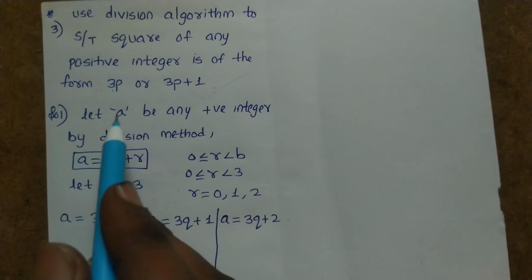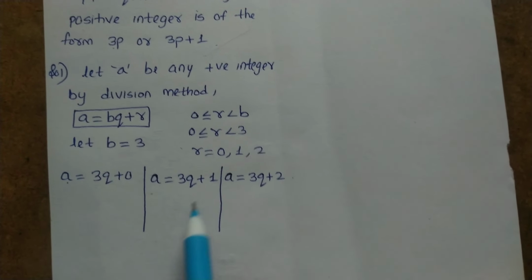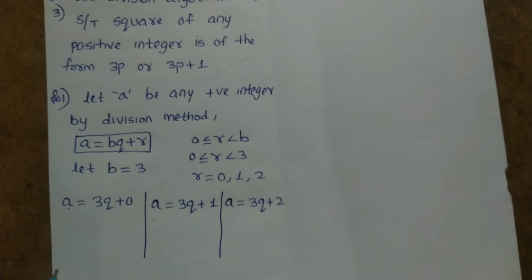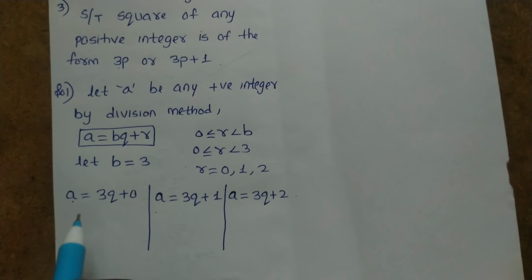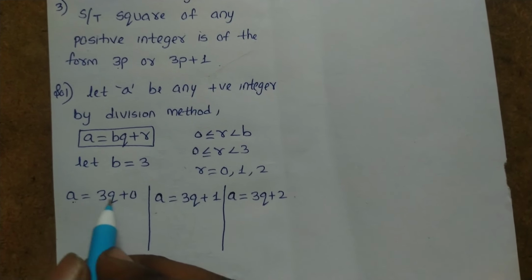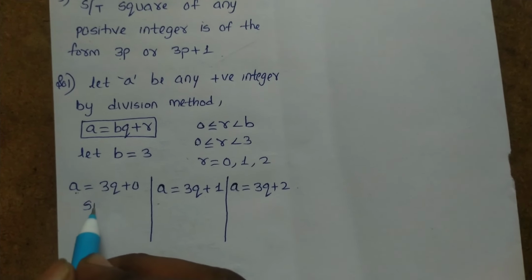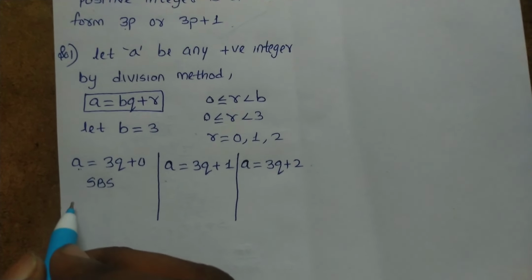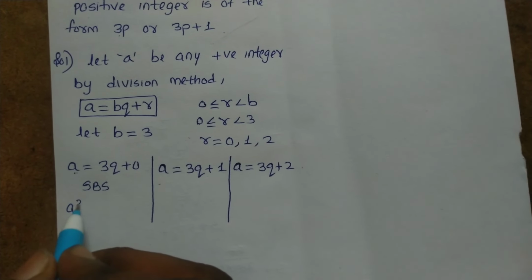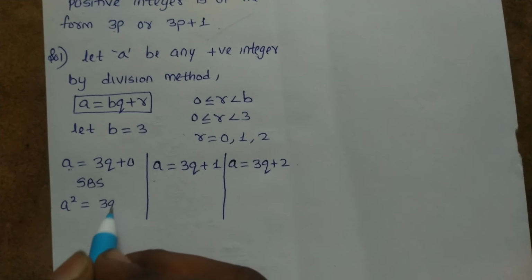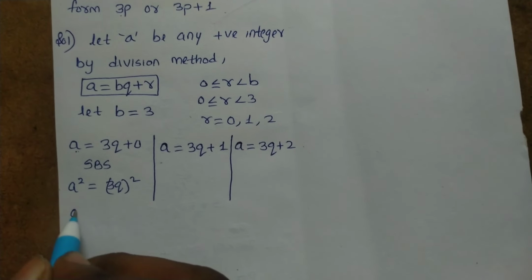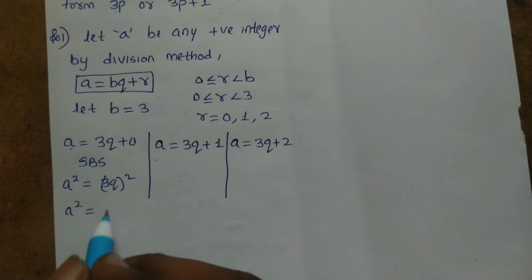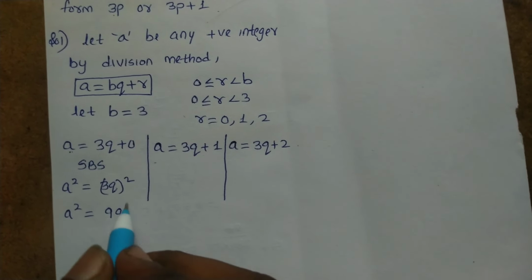So we assumed a, and for a we got 3 values. They are asking us to do the square of positive integers, so I will do squaring on both sides. What will you get here? a square is equal to 3q whole square, right? So a square is equal to 9 q square.